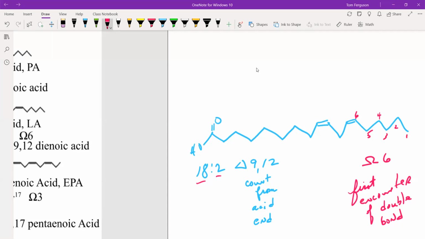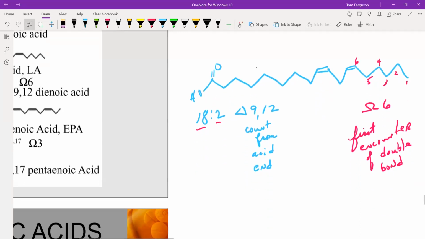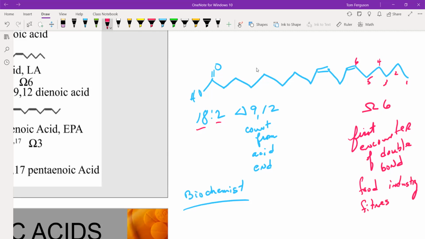The food and fitness industry uses the omega designation.